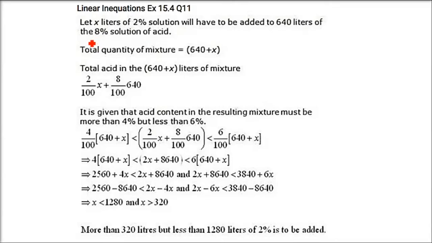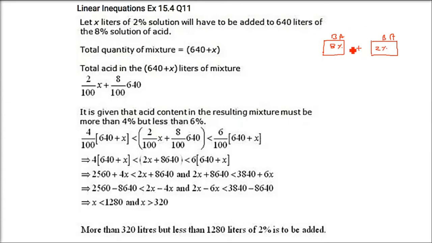The next is, a solution of 8% boric acid is to be diluted by a 2% boric acid solution. So we have the first one as 8% boric acid. The second one is the same boric acid with 2% solution. First is 8%, second is 2%.